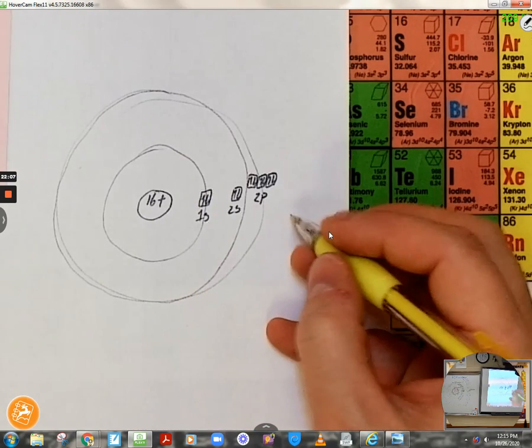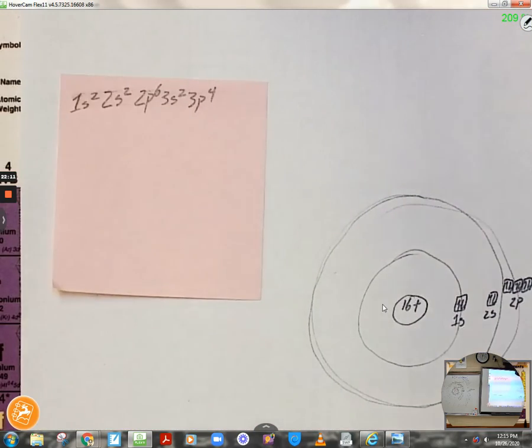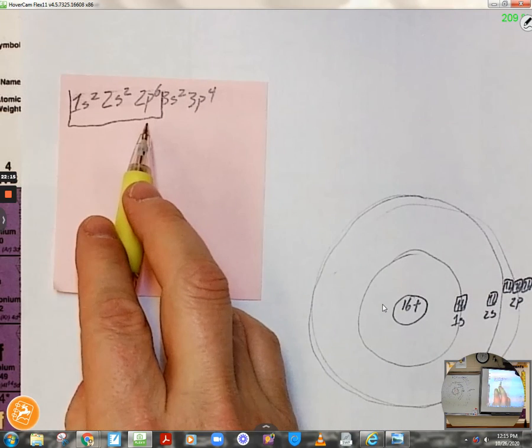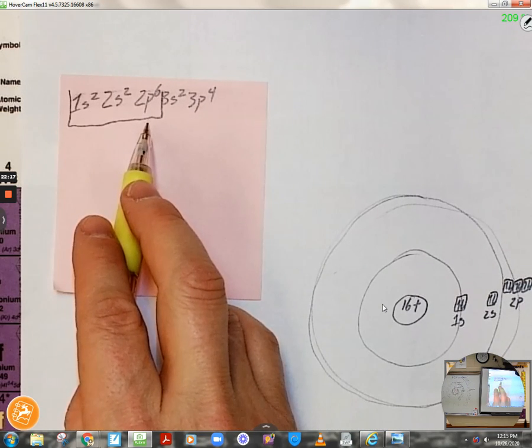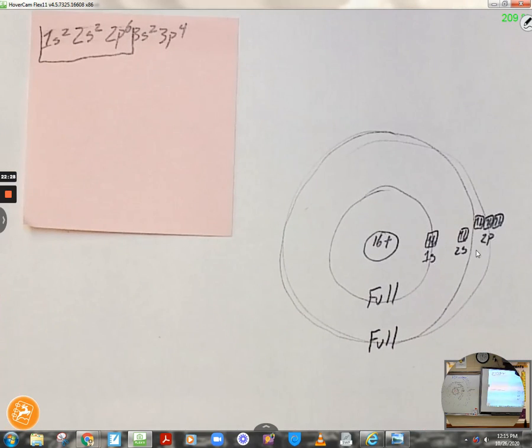Now at this point, just going as far as 2p6, energy level 2 is completely full, right? Energy level 1 is full because it can only hold 2. Energy level 2 is completely full because it can only hold a total of 8. Right?